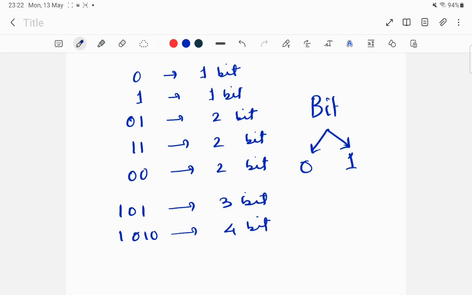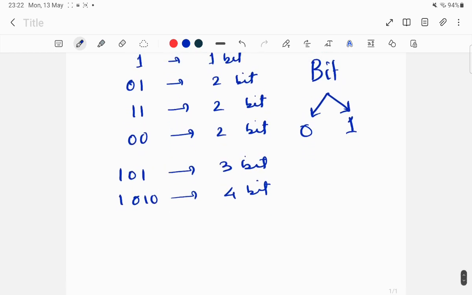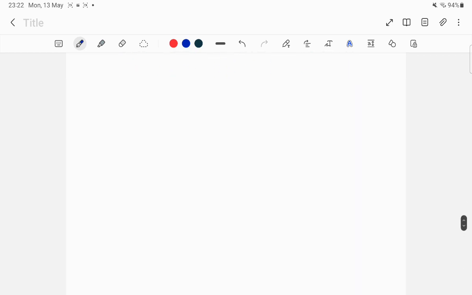But the bits are very small. Whenever you want to execute some program in the computer, you cannot do it with just 1 or 2 or 3 bits. When you want to execute some function with the computer, bits are found to be very small.